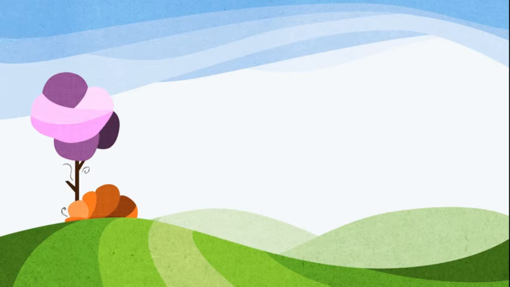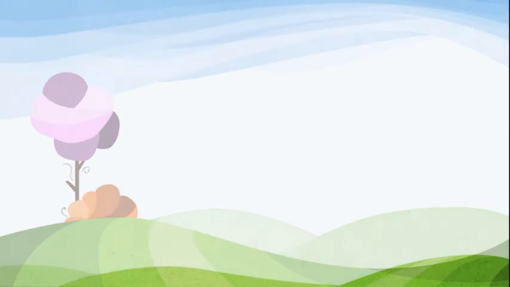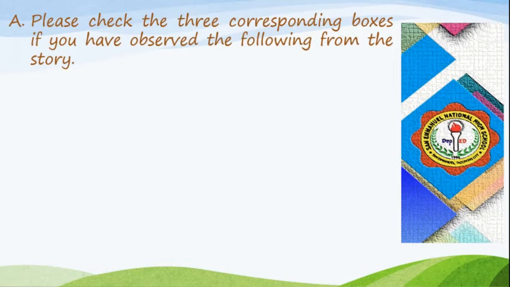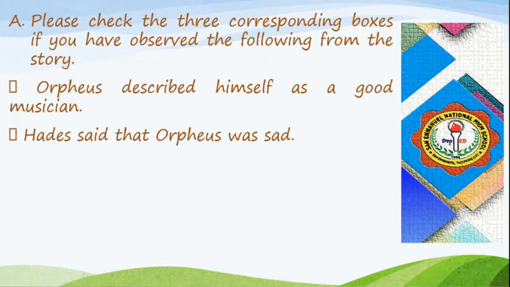Let's proceed to activity 3.3. Read each question carefully and tick only the boxes on your worksheet if you think it's correct, okay? Just check. Now, you're going to check if you have observed the following from the story Orpheus. First, Orpheus described himself as a good musician. Second, Hades said that Orpheus was sad.